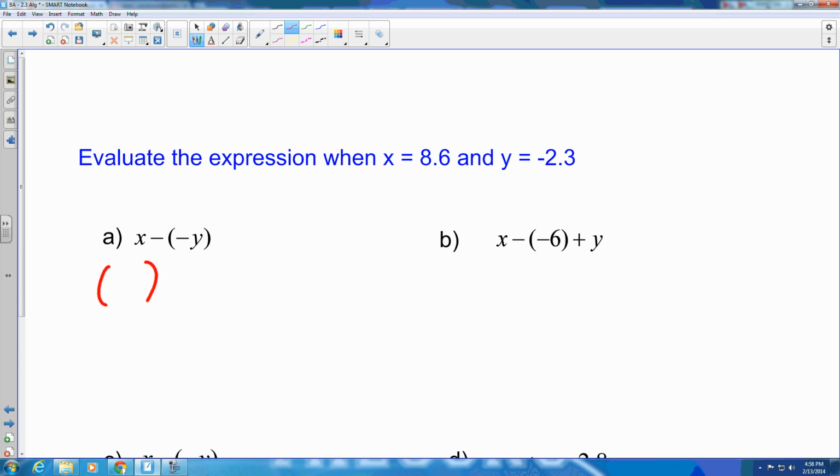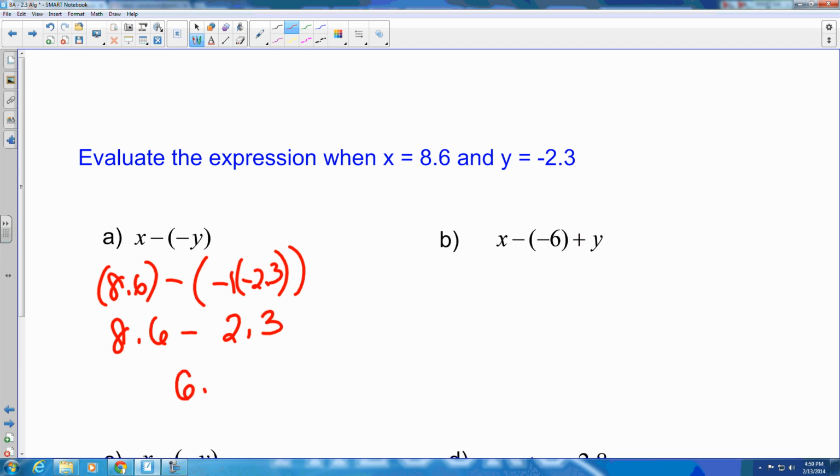So the x becomes 8.6, minus, parentheses, negative 2.3. Inside that parenthesis, this is almost like a negative 1, and a negative 1 times a negative 2.3 means it's 8.6 minus a positive 2.3, which gives me a positive 6.3.